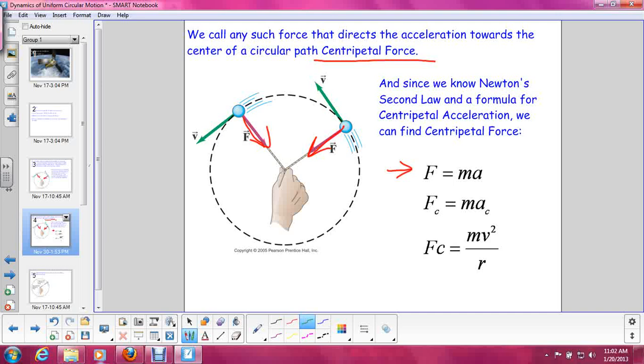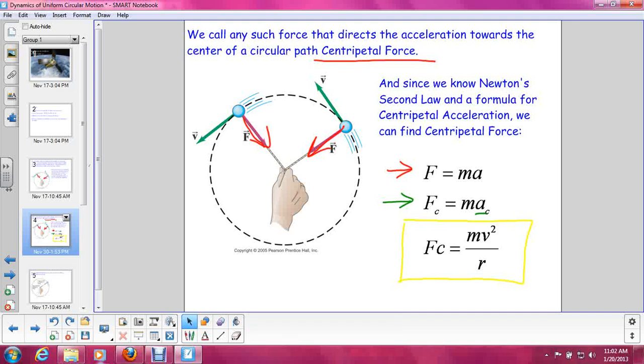That means if we want to find the centripetal force, we need to look at the centripetal acceleration, or the acceleration pointing toward the center of the circle to keep this object moving in a circle. So when we substitute our equation for centripetal acceleration into Newton's second law, we get this beauty, which is how we will calculate the centripetal force of any object.